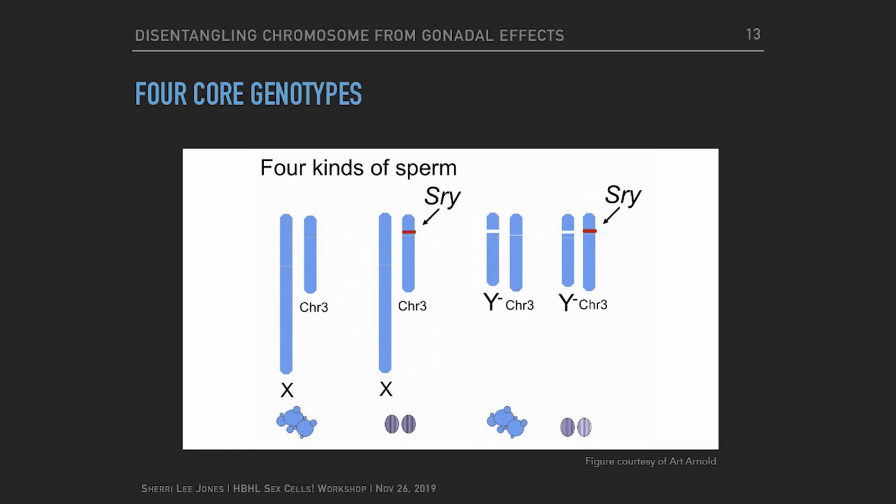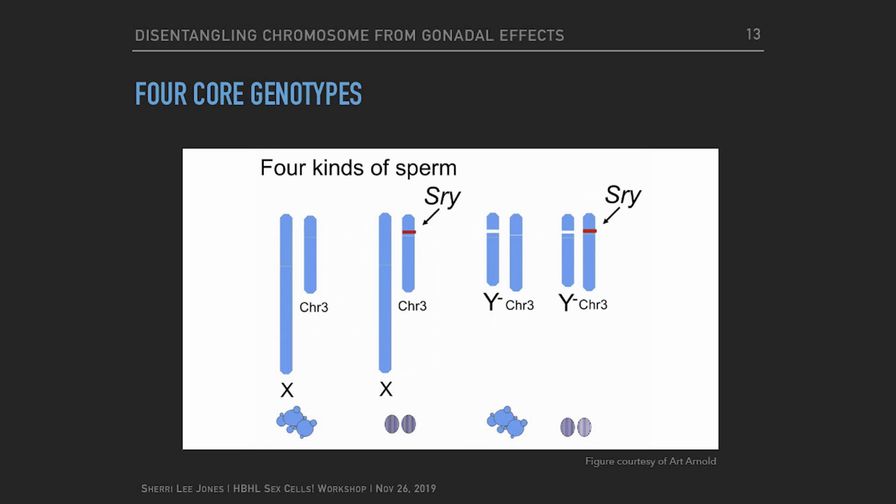Because this is an X chromosome, but there's a functional SRY gene on one of the autosomes, if this male mated and this sperm fertilized, it would lead to an offspring with testicles. So it would have XX chromosomes, but testicles. Does that make sense?